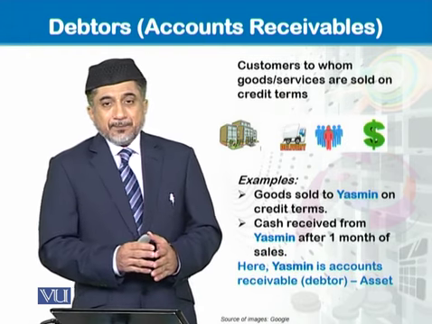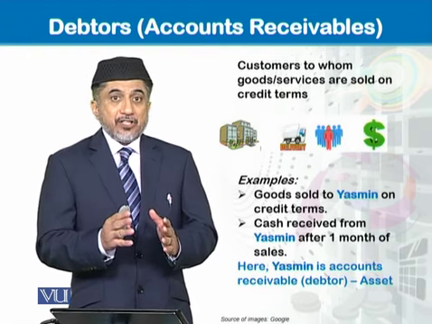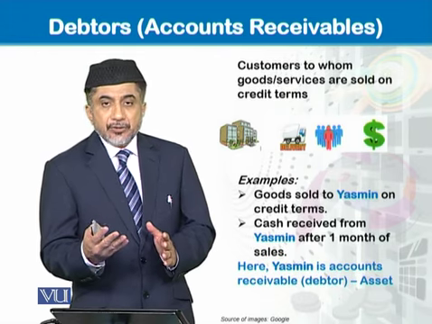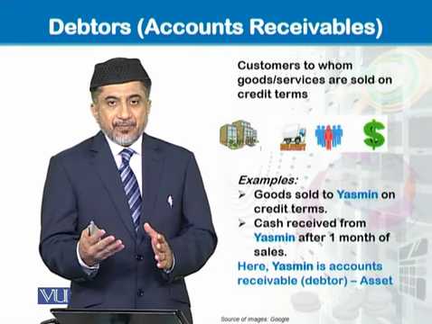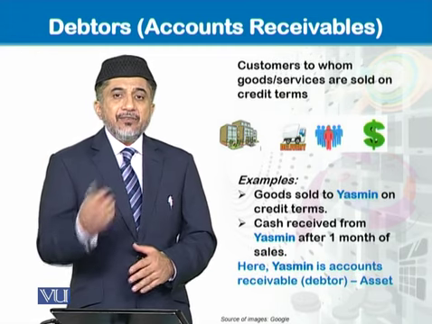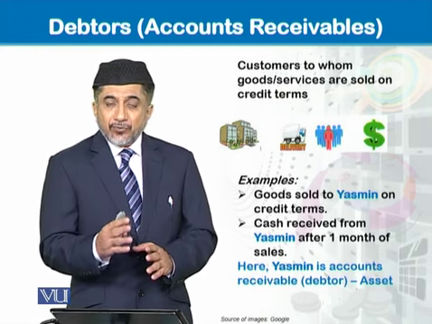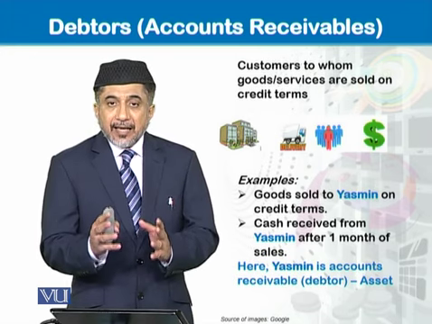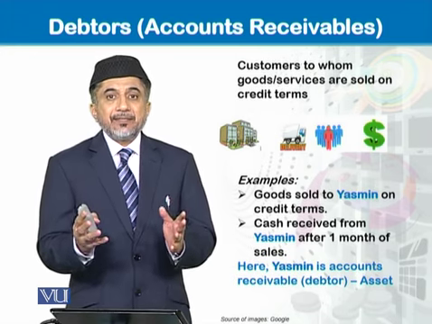I repeat, debtor is a person to whom we have sold goods on credit terms. And whenever we will be receiving cash from that person, it would be a cash collection from debtor.